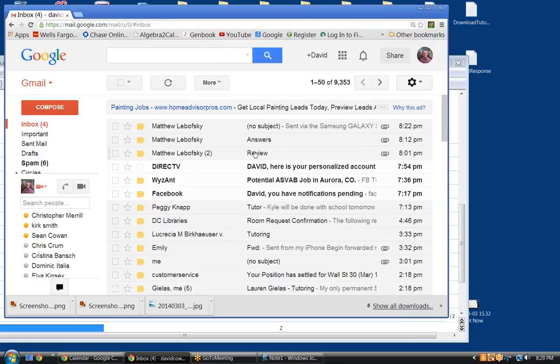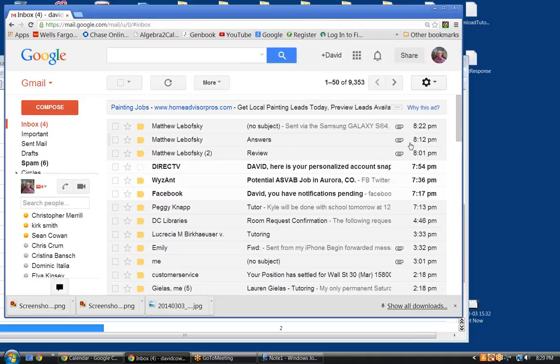I wonder why this first email, or this one said sent via Sam. You have a Galaxy 4? Yeah, that's a good phone. I normally have to delete that, but I just got tired of deleting it. Oh, okay. I was just curious as to why it didn't come through on the first two and it came through on the third.